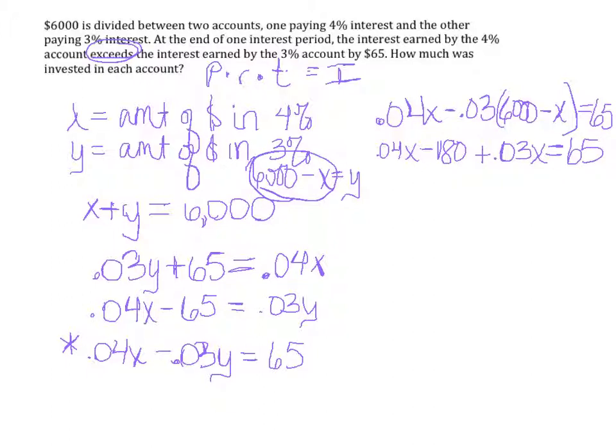And in combining like terms, I would add 180 to both sides, leaving me with a 7% x, 0.07x, equals 245.